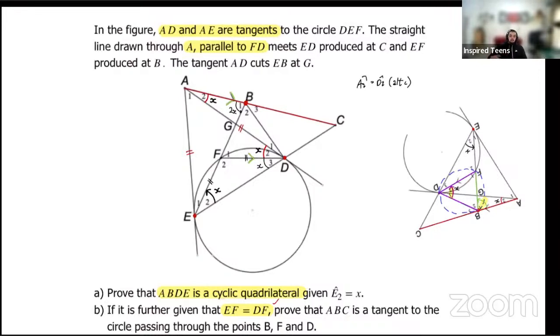So because of AE being equal to AD, which two angles are equal?